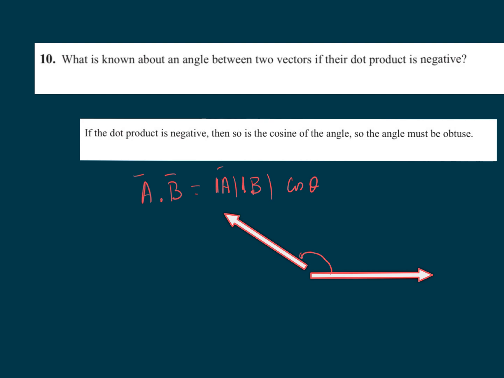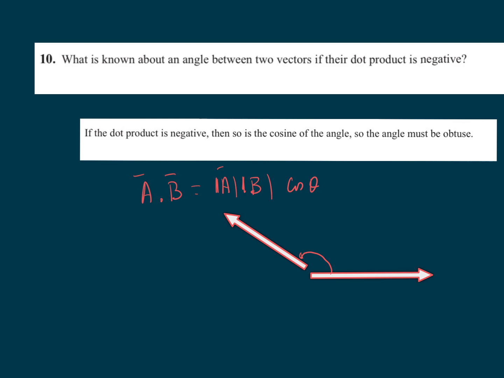The next problem says, what is known about an angle between two vectors if their dot product is negative? Well, the dot product of two vectors is defined as the magnitude of the first by the magnitude of the second by the cosine of the angle. So the dot product can be positive, negative, or zero.